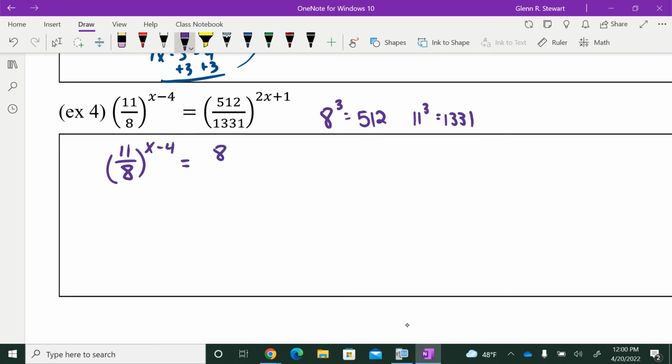And this side I'm going to make into 8/11, all to the third power, times 2x plus 1. Once again, both of these are flipped. So I'm actually going to flip this fraction. And when I do that, this now becomes a negative 3 on the outside.